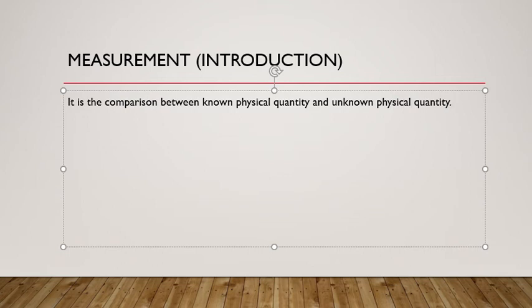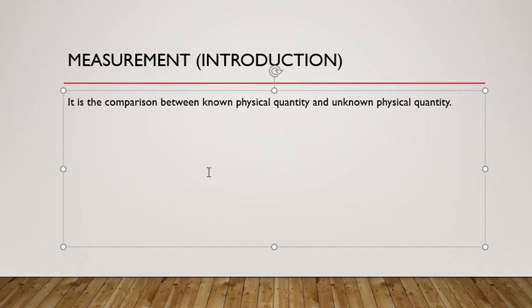Simply, the definition of measurement says that it is the comparison of known physical quantity and unknown physical quantity. If we get a known physical quantity and an unknown physical quantity to be compared, this process is known as measurement.